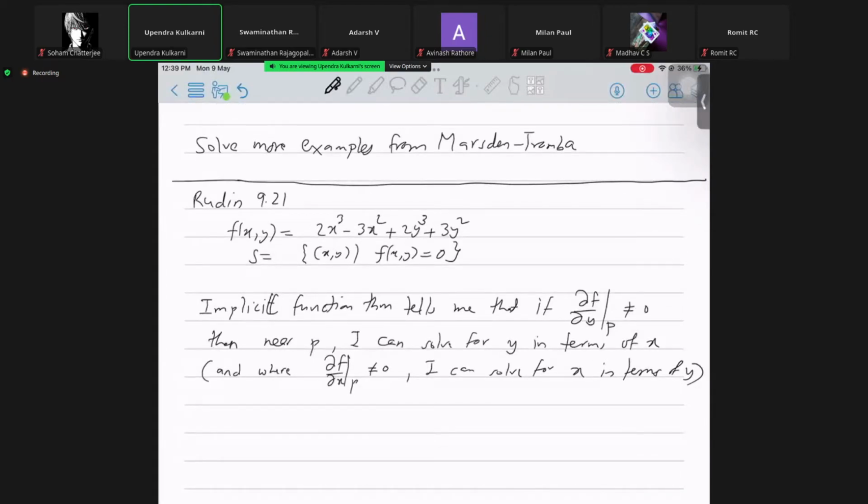And the point here is that not only can I solve, but the solution has the same level of differentiability as the original function. This is the key point. If the original function is C1, then this implicit solution of one variable or a set of variables in terms of the other variables is also going to be a C1 function.